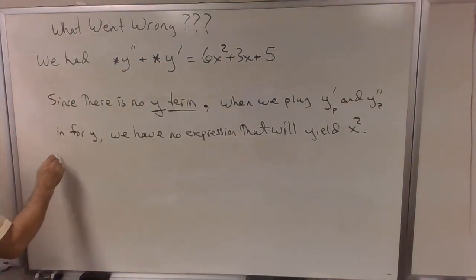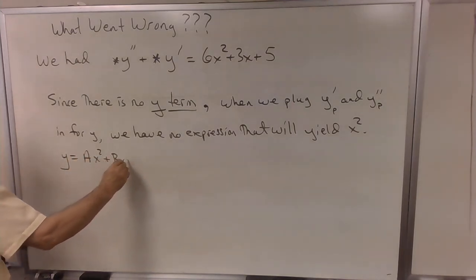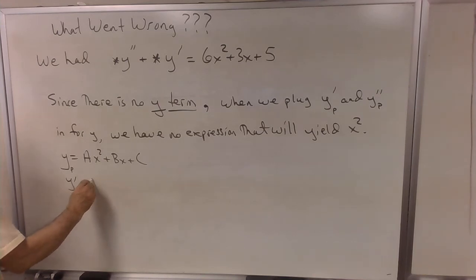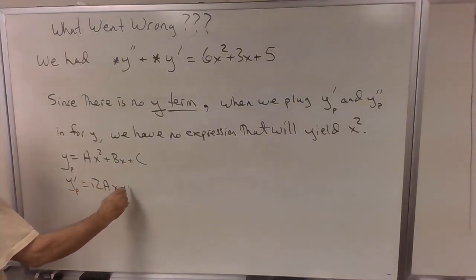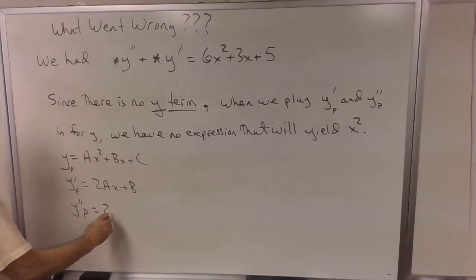Yeah, let's see. We said y equals ax squared plus bx plus c. Y prime is 2ax plus b. And y double prime is 2a.